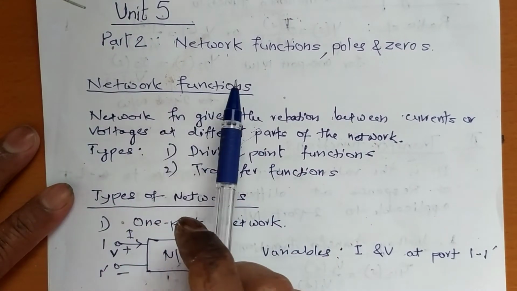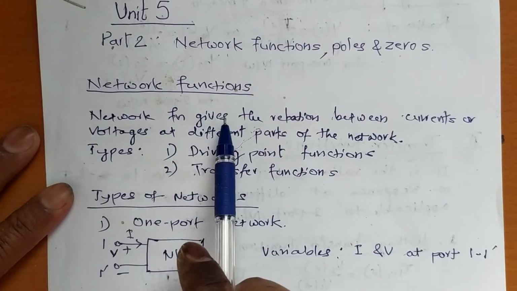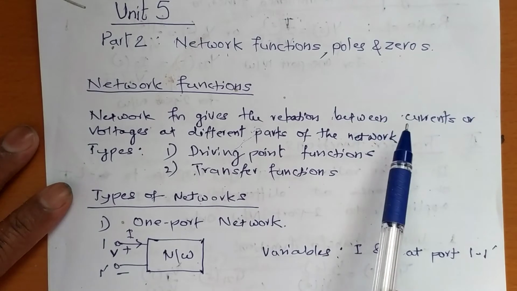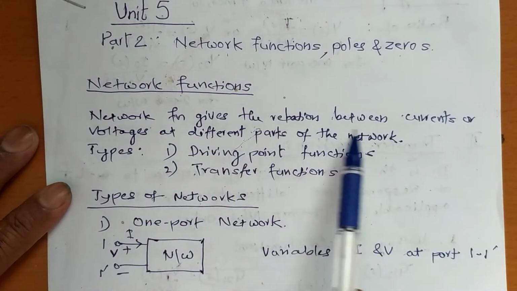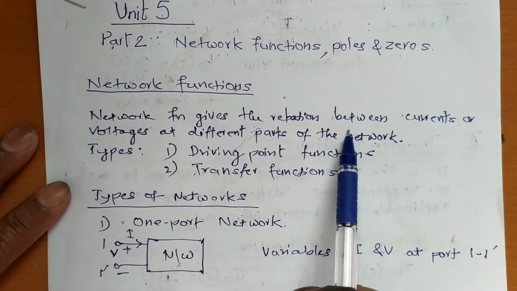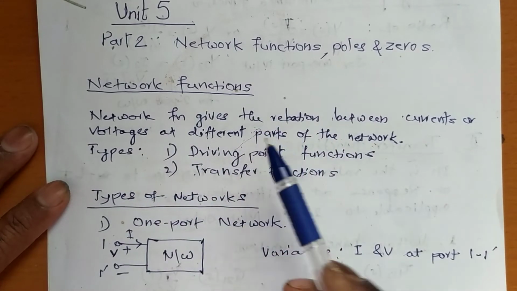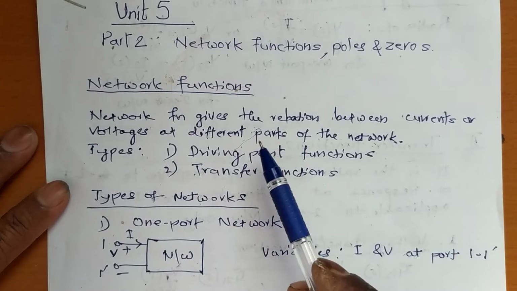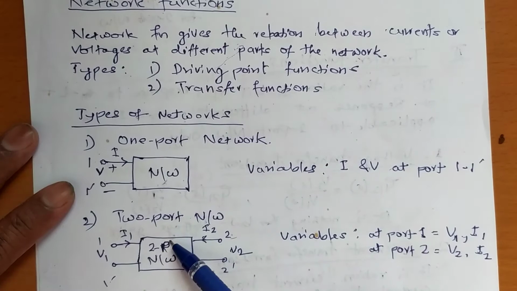What is a network function? A network function gives the relationship between currents or voltages at different ports of the network. It can be an impedance, it can be an admittance. A network function is about a network which is in a black box, maybe a single port, maybe a two-port.